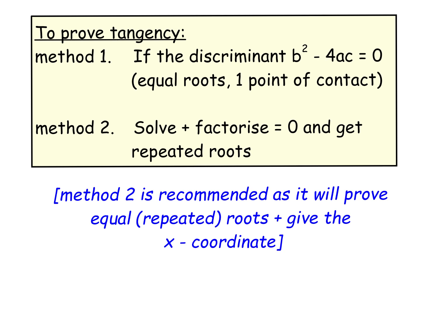But if you're not able to factorise, or the repeated roots aren't obvious, or it's asking you to show it's not a tangent, we use method 1 and we use the discriminant. Because remember, b squared minus 4ac equals 0 meant equal roots at higher. As I said, method 2 is recommended because it will prove it from factorising and give you the extra work you need. You don't want to constantly do the discriminant and then still go do method 2 anyway. You'll see what I mean from my two examples.